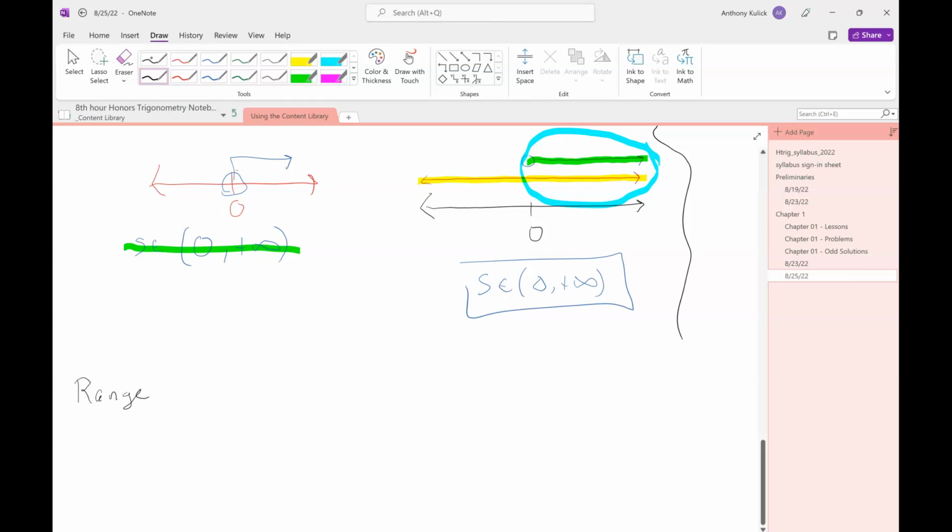Now we need to talk about the range. Finding ranges algebraically. I fully acknowledge that most of us are pretty comfortable looking at the calculator, at the graph of the function, and pulling a range from the graph, right?